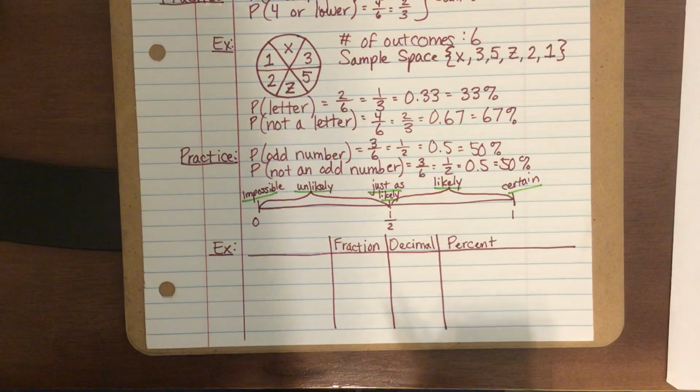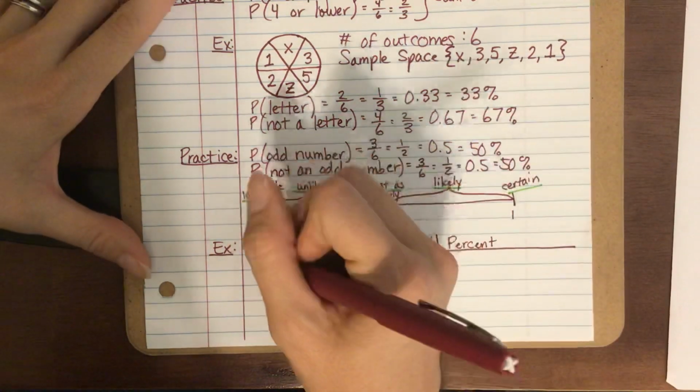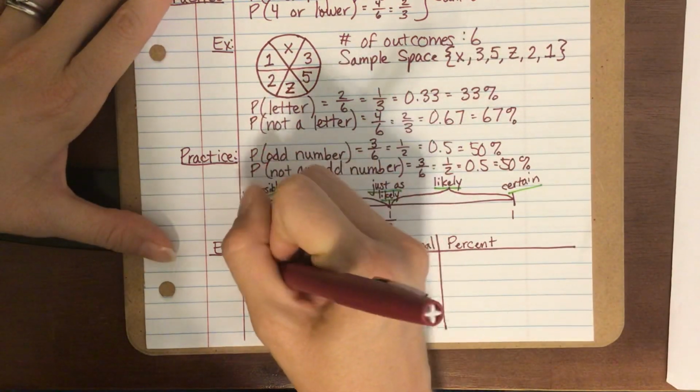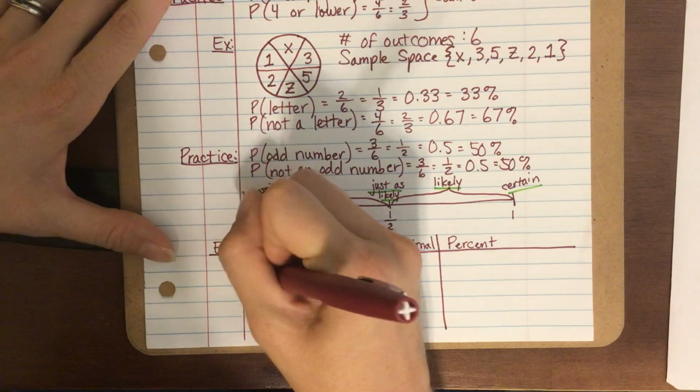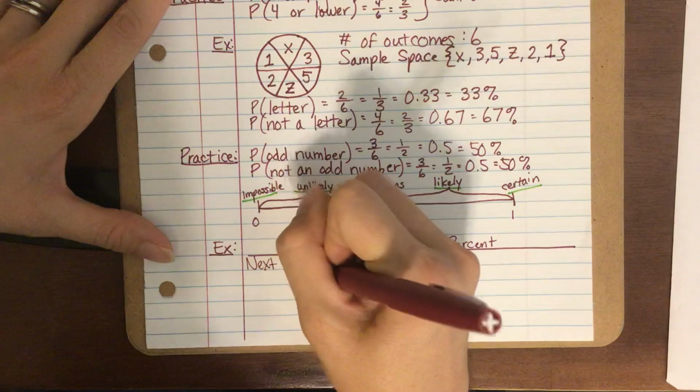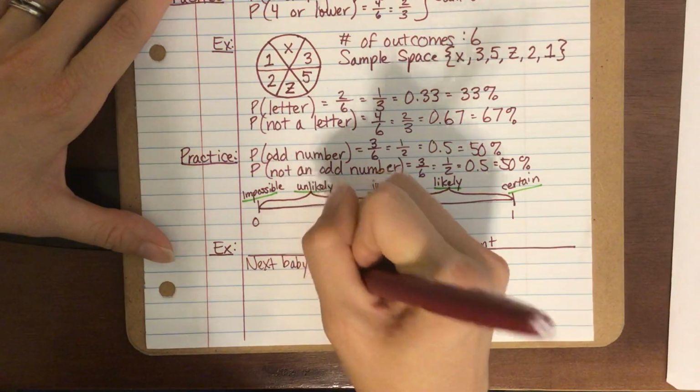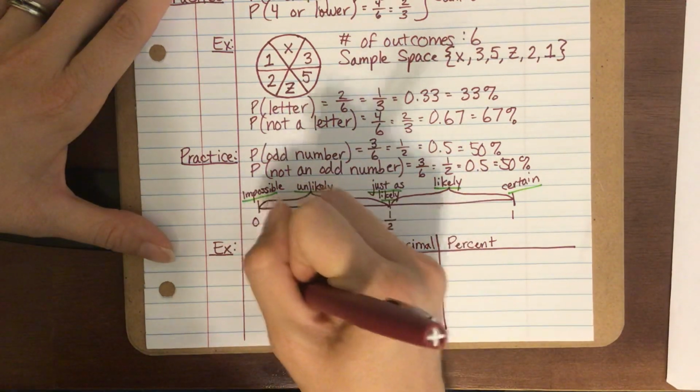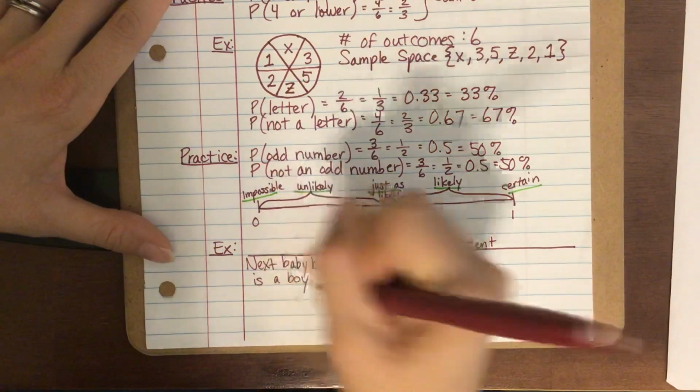Okay, so the first example is next baby born is a boy. Okay.